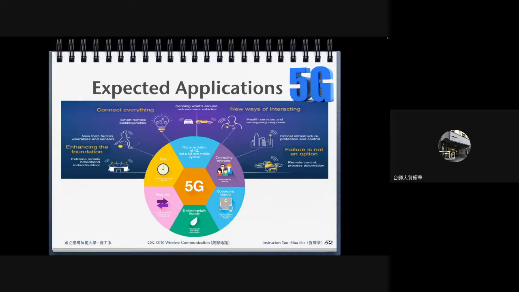It also has remote control to control unmanned vehicles or drones. But for those types of connection, failure is not an option. So the applications for 5th generation are endless. Everything you can think of in the future should be connected to a 5th generation cellular network.